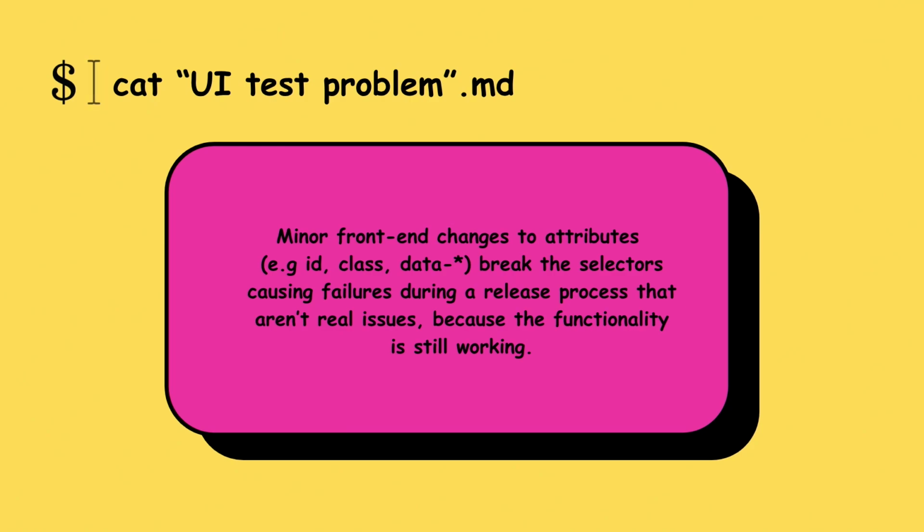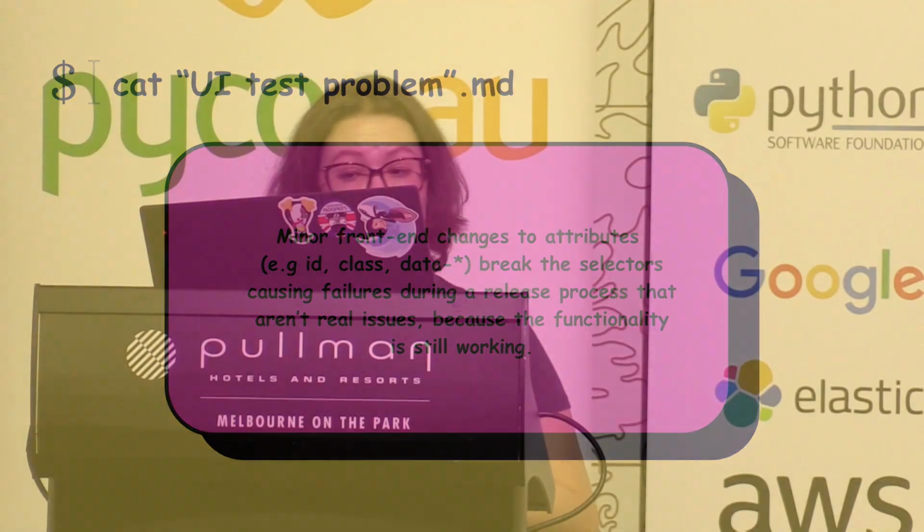And here is where the UI test problem begins. Sometimes, even a small front-end change to an attribute can break a selector, making it impossible for an automation framework to identify the element in the page, to perform the expected action until a timeout error occurs.